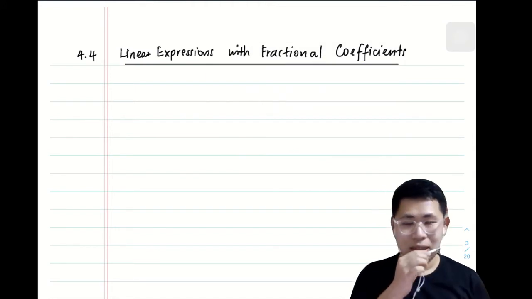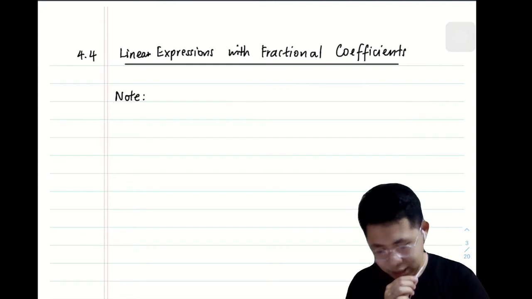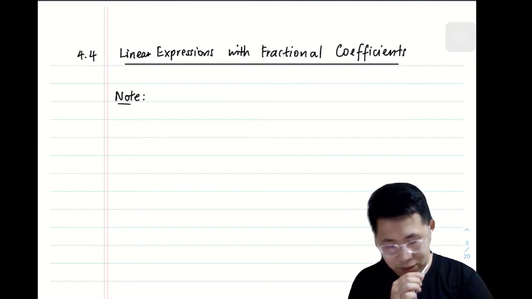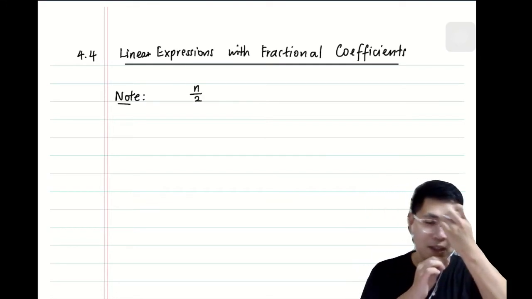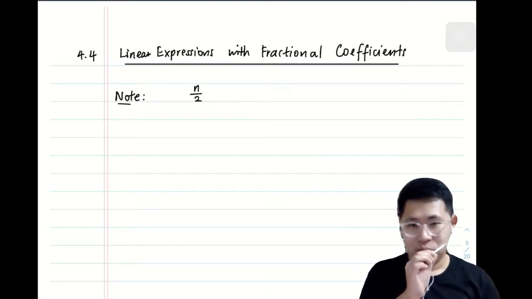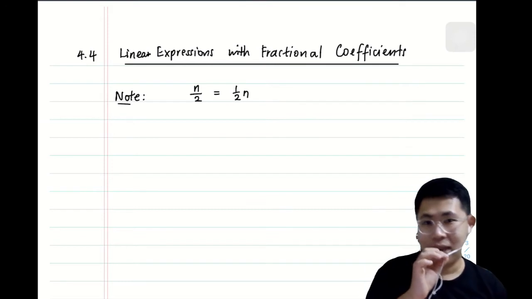First, some things to take note of when we look at fractions. One example would be n over 2. We can think of it as half n, or half times n.